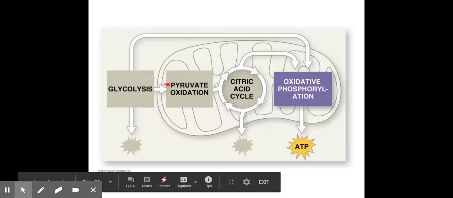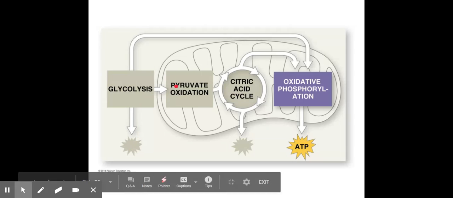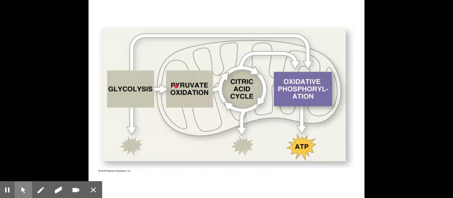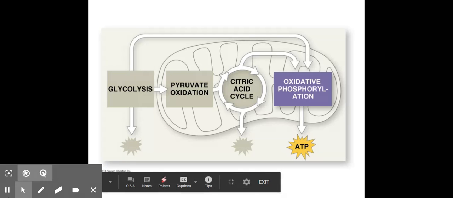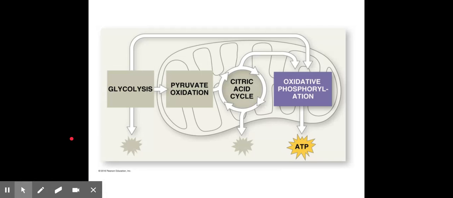Those 2 pyruvate molecules enter into the mitochondrial matrix and go through the link stage, which is pyruvate oxidation. During that process, pyruvate will be basically prepped and ready for the citric acid cycle. So remember that pyruvate, which was in the cytosol, enters into that mitochondrial matrix by a protein.